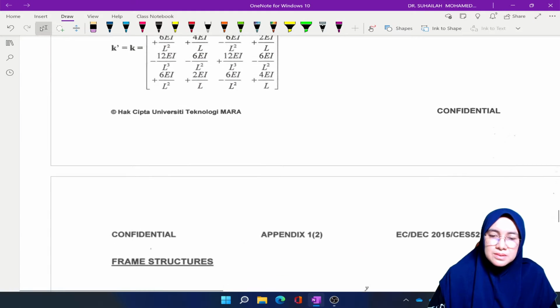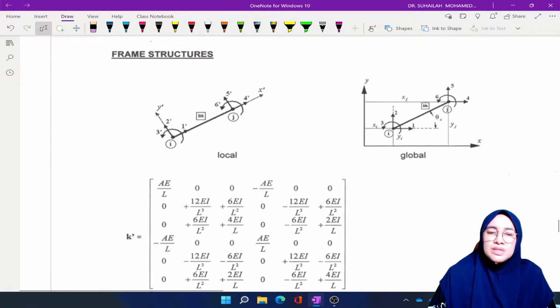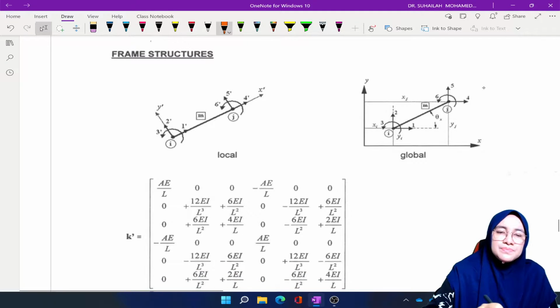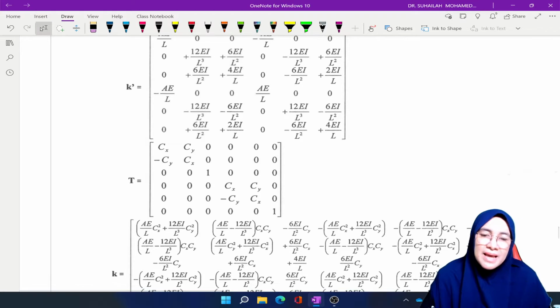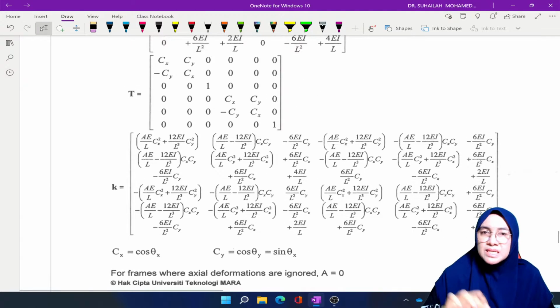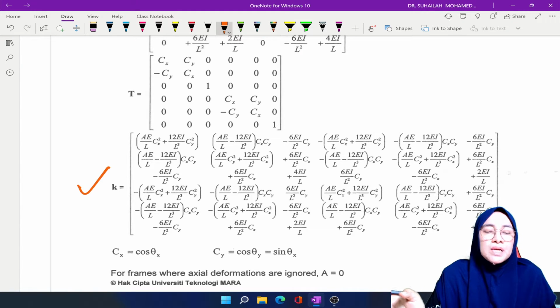Okay, let's open the formula. So this is actually for frame structure. Inside the formula, we have to use the element stiffness matrix down here.